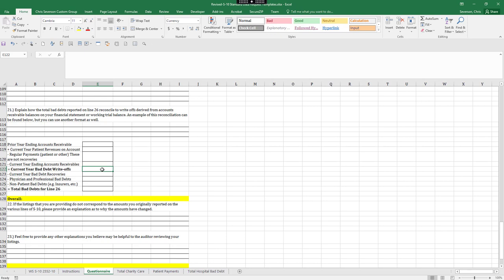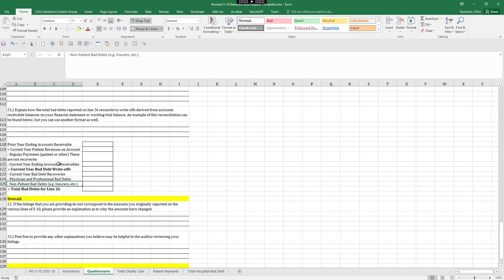If there were amounts that were written off, that reduces accounts receivable. Now, again, that's your current period write-offs as derived from the financial statements. Of course, we're going to subtract out any physician or professional bad debts and potentially any bad debts related to other non-patient parties, like insurers, for example. That would arrive at your amount to be reported on line 26 of Worksheet S-10.